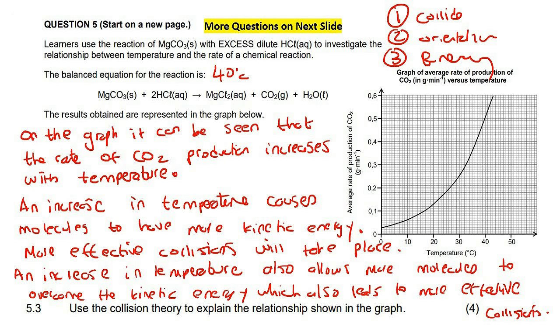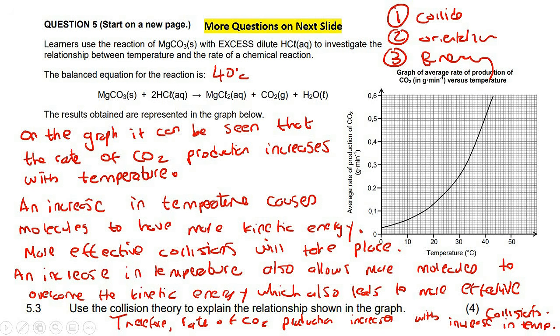Okay, so therefore, the rate of CO2 production increases with an increase in temperature. Oh, and something I forgot, something that they do like to see on the memo: when you say more effective collisions, just add in per unit time.